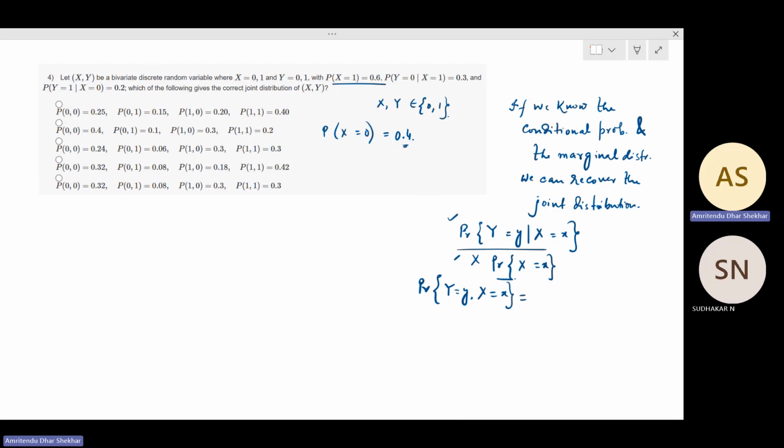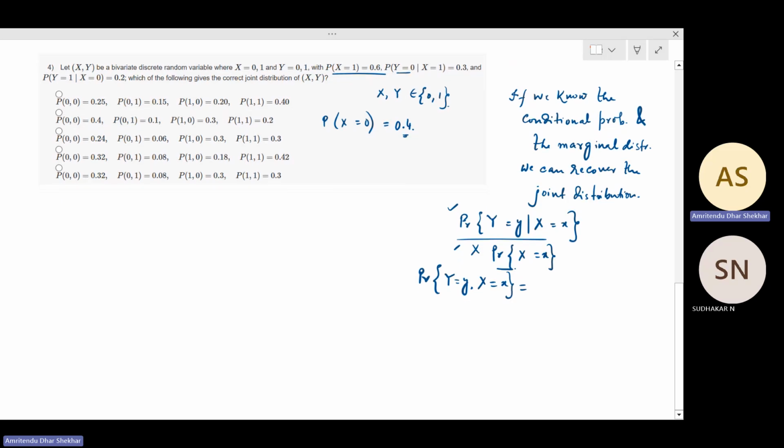Now, of course, we want to get the conditionals, which will involve the two variables X and Y. So this is given to us: the probability of Y being equal to 0 given X equals 1.